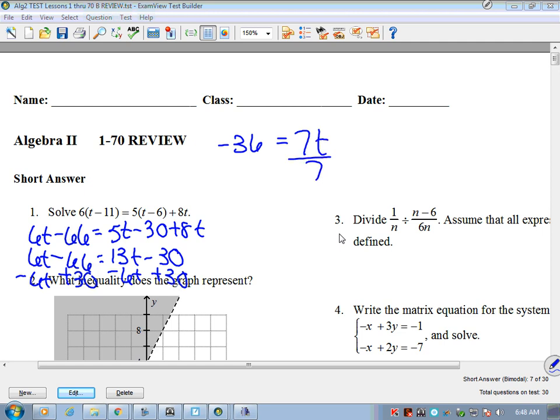So we want to divide by 7, and that's going to end up being my answer for t is negative 36 over 7. So that's our answer to number 1, and that's how we would show our work. Hopefully a little bit more clear. You can use your box sheet and all the space that you're given for that.